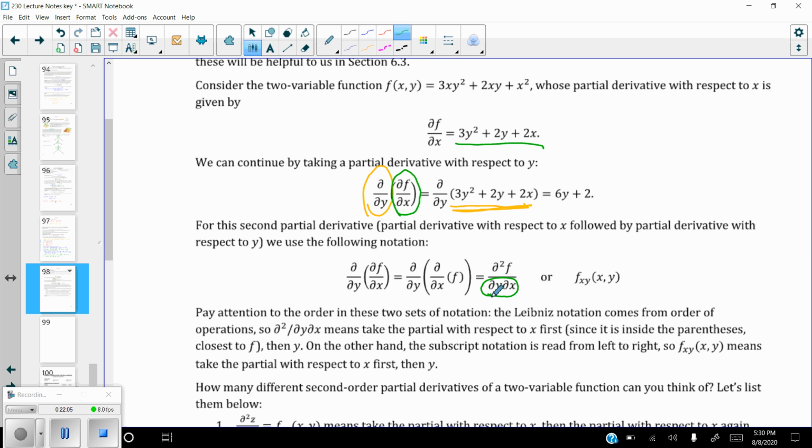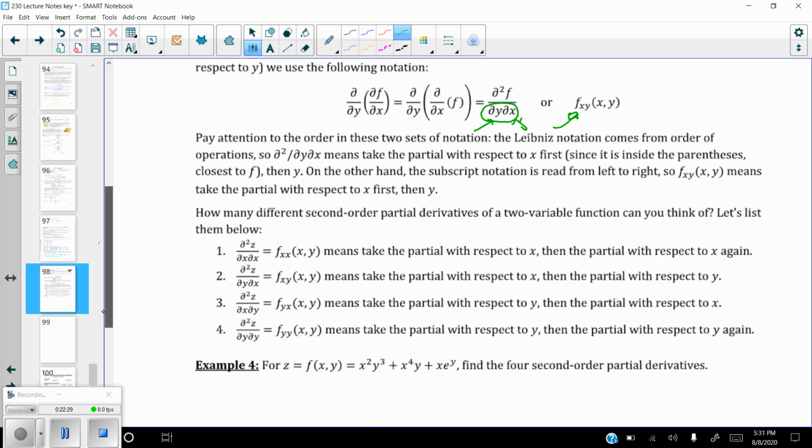It really means you did the derivative with respect to x first, then you did it with respect to y. A little bit harder because it's kind of backwards. You're doing the x first and then the y, and you're reading that right to left. It's much easier in this notation, where this just simply says, take the partial with respect to x, then y, left to right, just as you would normally see it. So pay attention to the order because that can be tricky.